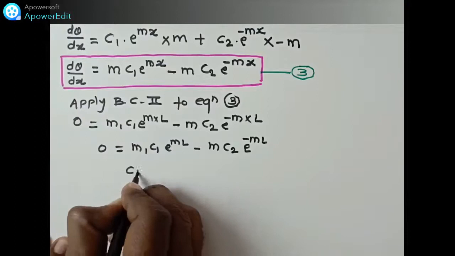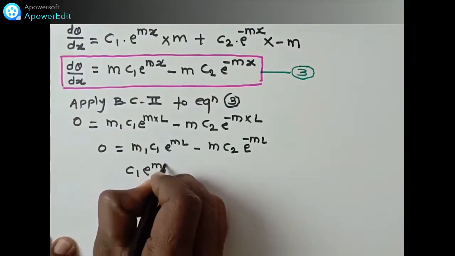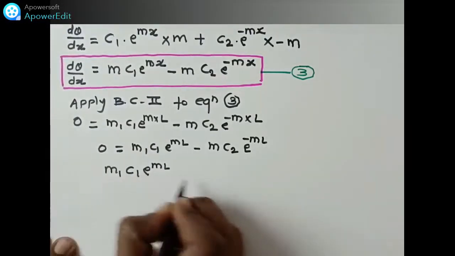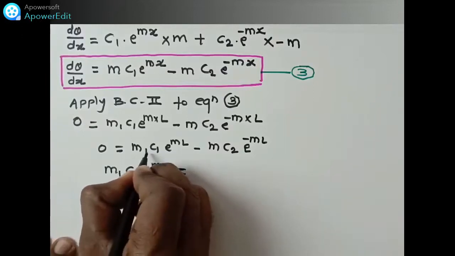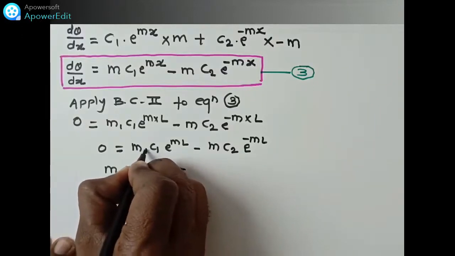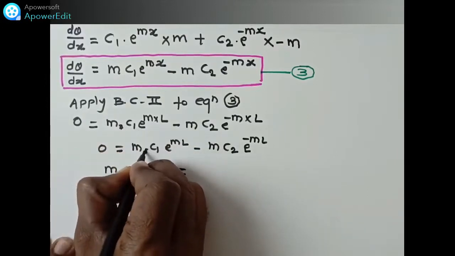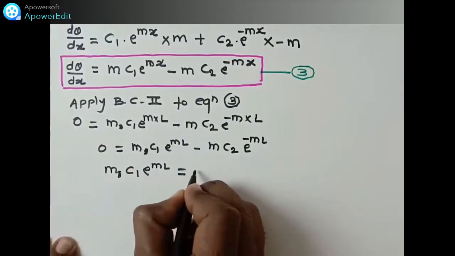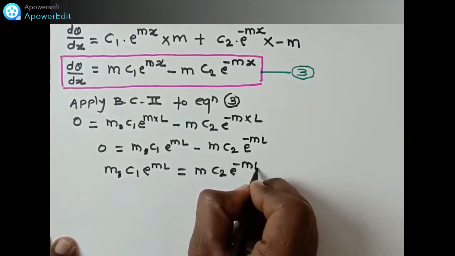So C1 e raised to ml, this is not m1 actually, this is only m, is equal to m C2 e raised to minus ml.